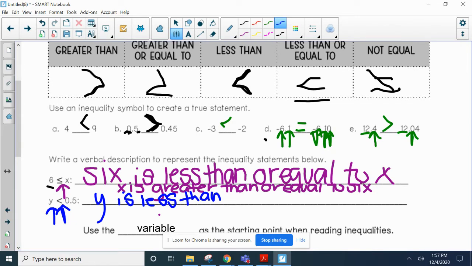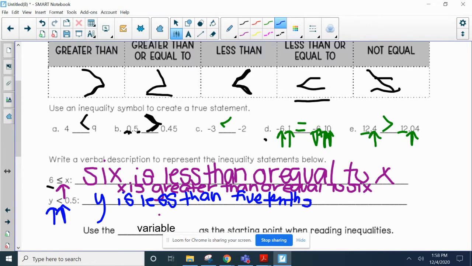Don't say 0.5. 5/10. And we know that this top one is less than or equal to, and this bottom one is just less than because of that line. That line tells me or equal to, and without it, it does not. So y is less than 5/10.